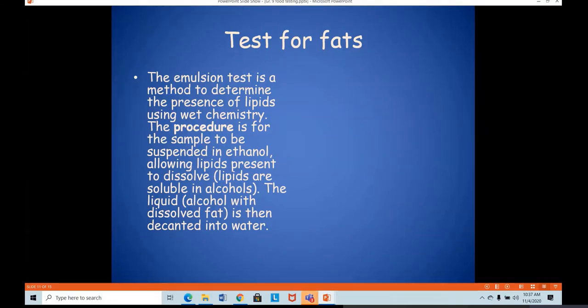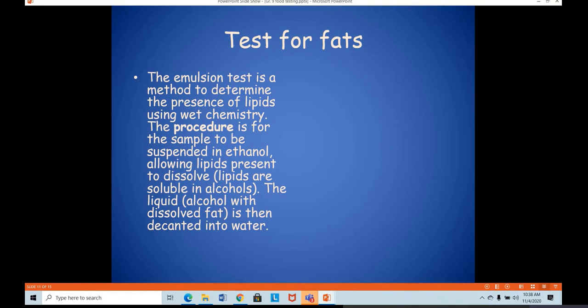Okay, so the procedure is for the sample to be suspended, meaning the oil to be suspended in ethanol, allowing lipids present to dissolve. The lipids are soluble in alcohols. Okay, so if we are using water instead, the fats are not soluble in water, isn't it? So clearly you can see the oil floating on top of the water. That is why we need to use the ethanol over here. Why?